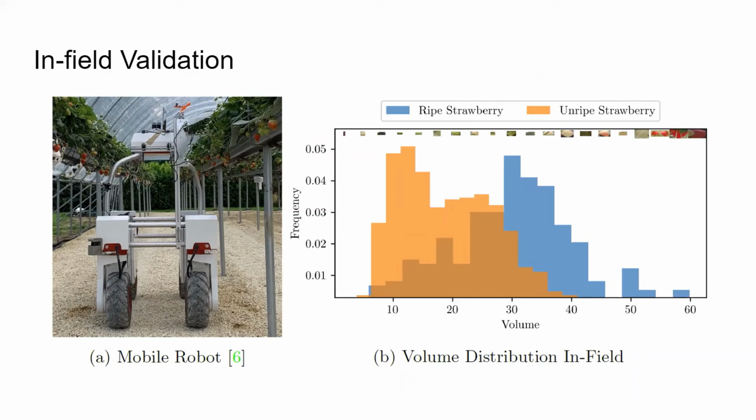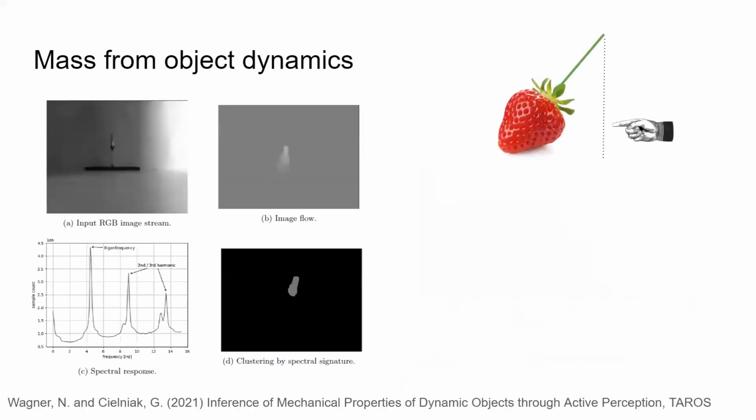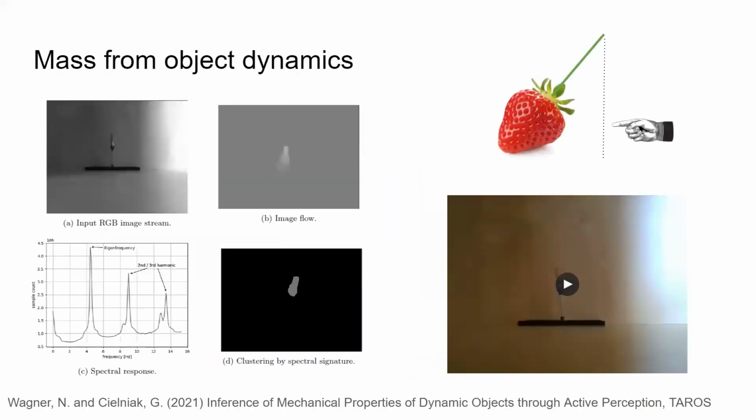The second bit is to take mass in a more serious way. One of the ideas for how you can infer the mass of objects, which I think is quite an interesting concept, is through interaction with the objects. For example, imagine that you've got a strawberry hanging, and you poke it with a robotic arm with a known force.